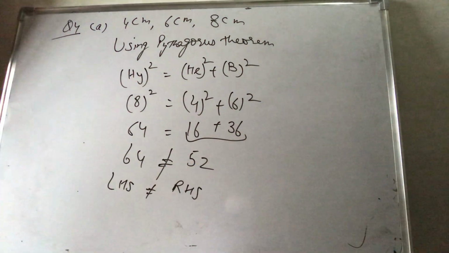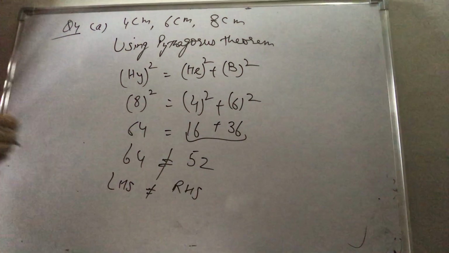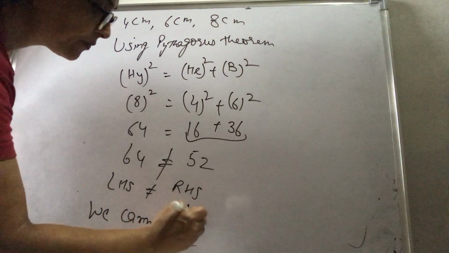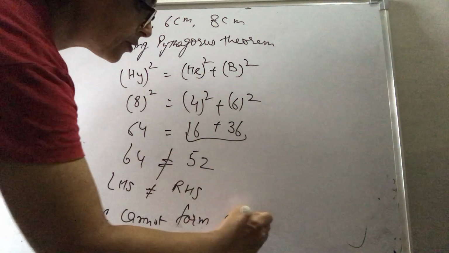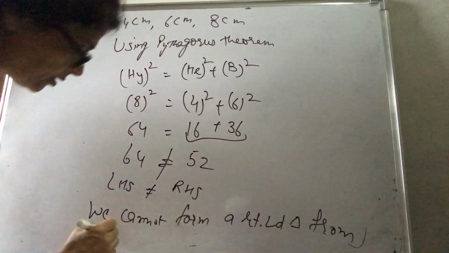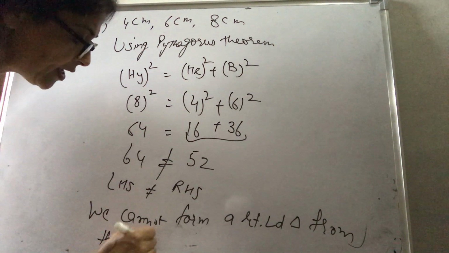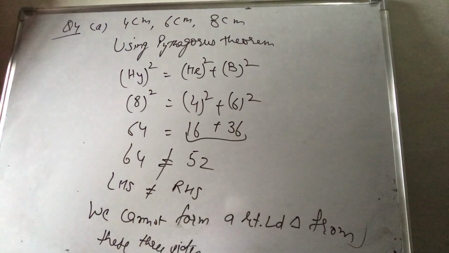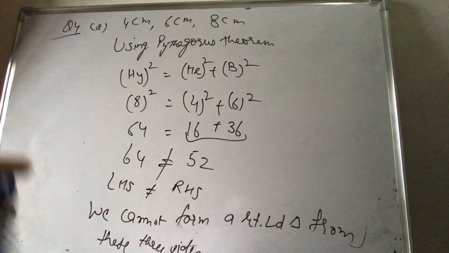Pythagoras theorem is not satisfied here. That means we cannot form a right angled triangle from these 3 sides. Like that we have to do in question number 4.